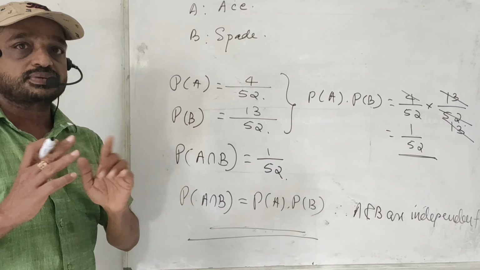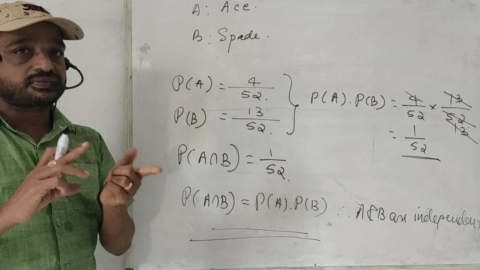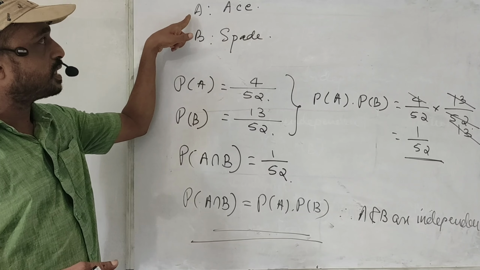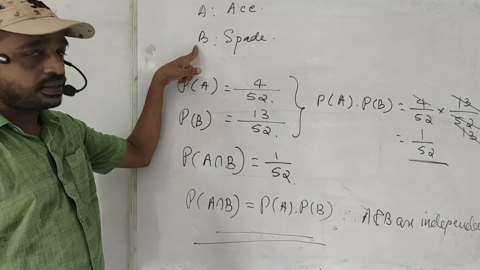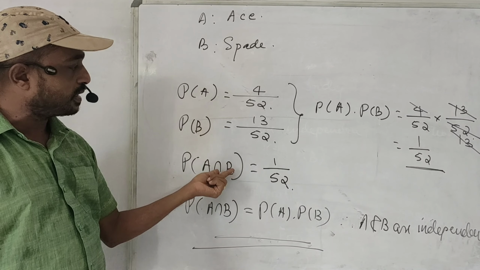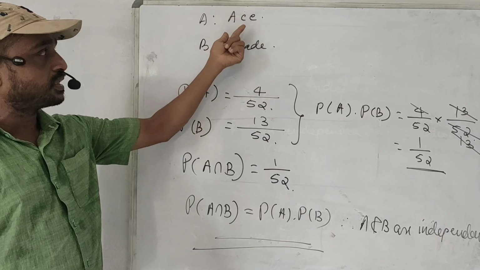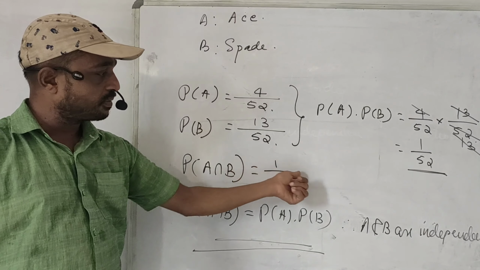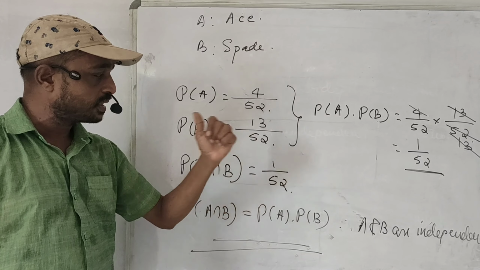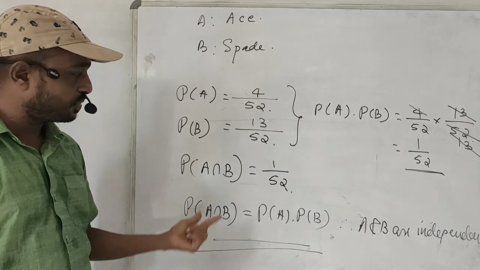If an ace of spade is obtained, we can say that the events A and B have happened, isn't it? So what is the probability of drawing both ace and spade? It is the probability of drawing an ace of spade. Only one such card is available, divided by total number of cards, 52. So P of A intersection B is 1 by 52.